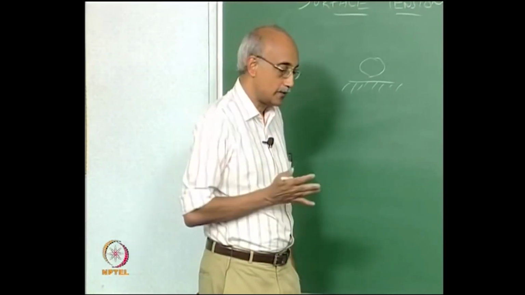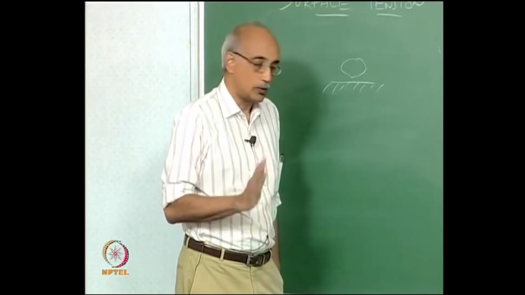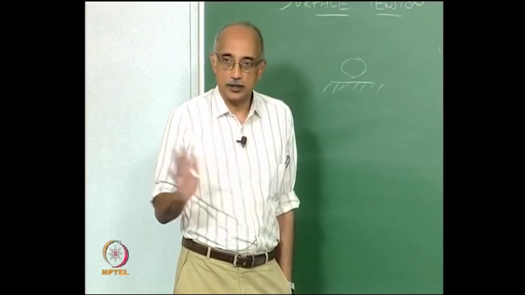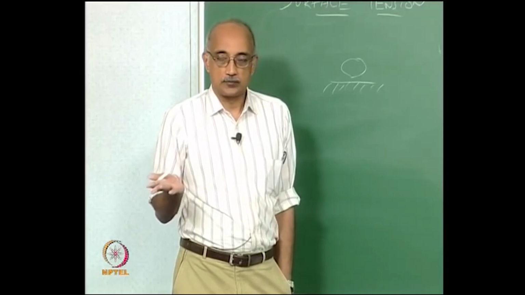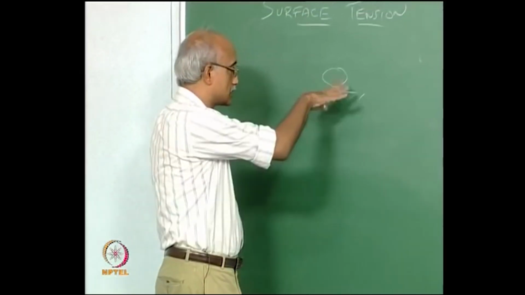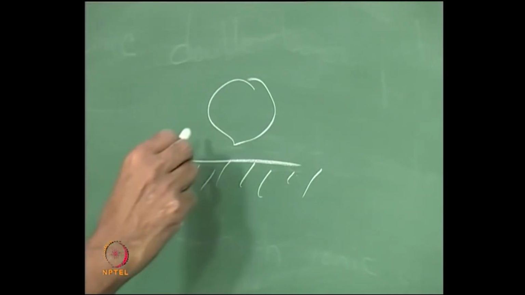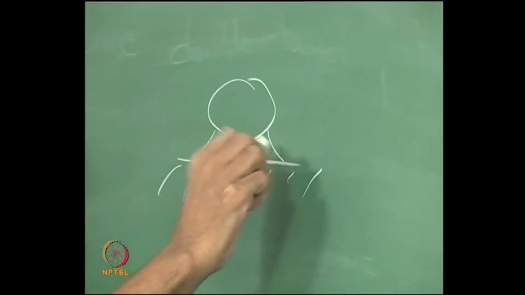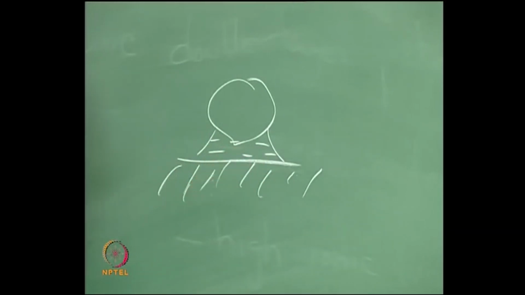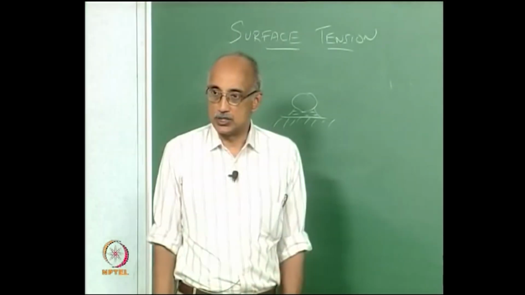But let us say that you have a liquid which is neutral, there are no free ions. Let us take water and you have just wetted this surface with water. What is going to happen to it? Water will essentially wick between the particle and the surface and form a bridge.